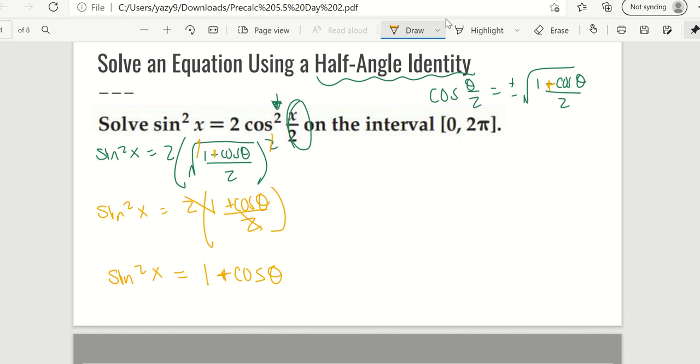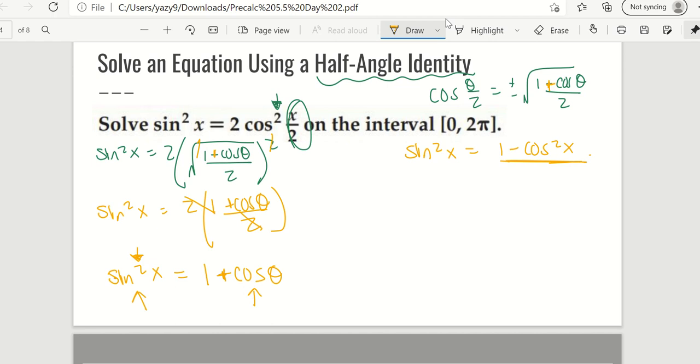All right, great. Now I cannot solve this just yet because I have two different types of terms. I have a sine and I have a cosine. But I see that this has an exponent, so I'm going to change this one using the power reducing rules. And the power reducing rules tell me that sine squared of x is equal to 1 minus cosine squared of x.